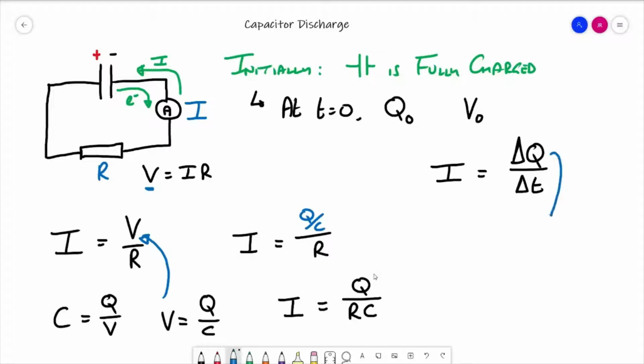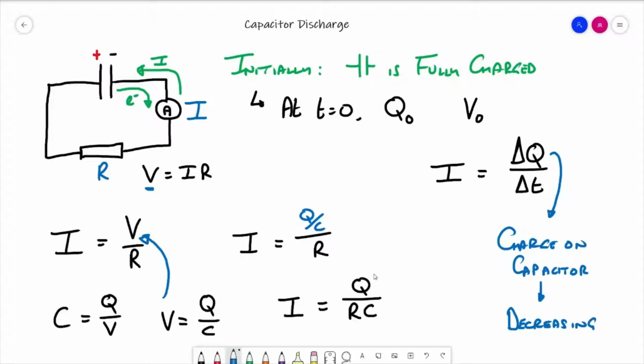Well, of course, this charge is the charge on the capacitor, and we know from exactly what we're doing, we're discharging, and therefore we know that this value is decreasing.